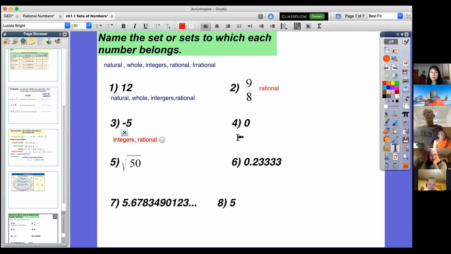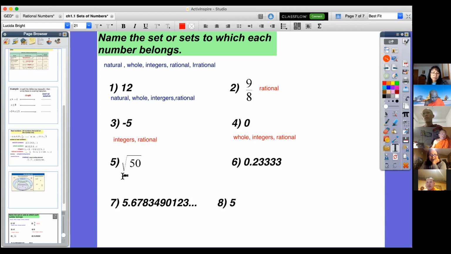No, that's it. What about number 4? Whole number. Yes, very good. What else? Integer. What else? Rational. Okay, good.